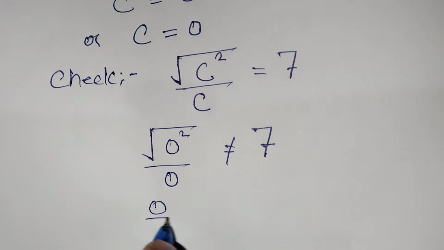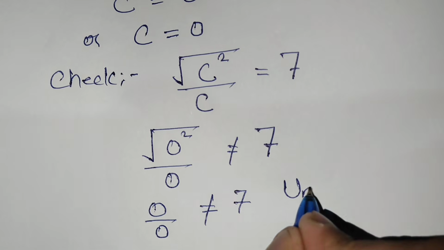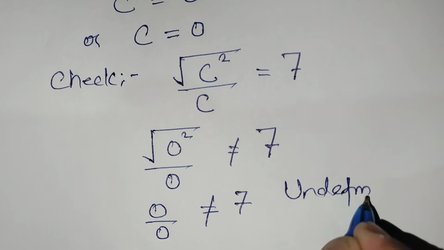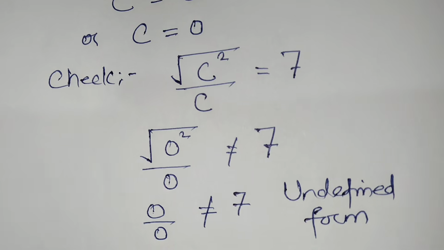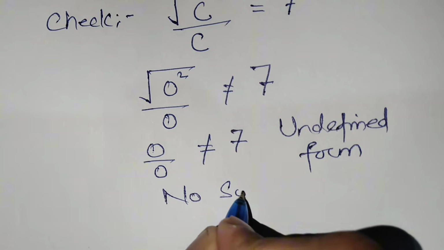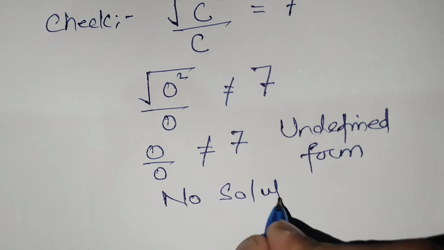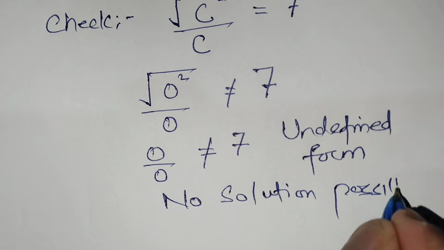But this is 0 by 0, an undefined form, which is not equal to 7. So this is basically an undefined form, indeterminate form. So no solution is possible for the given equation.